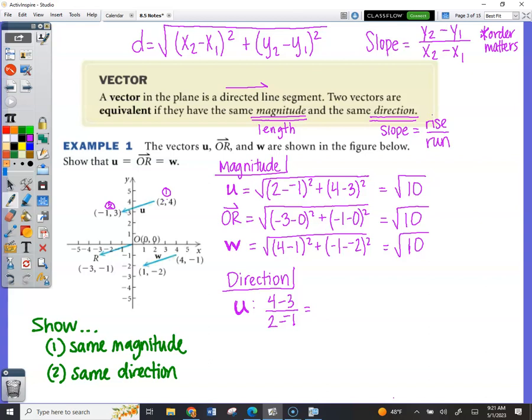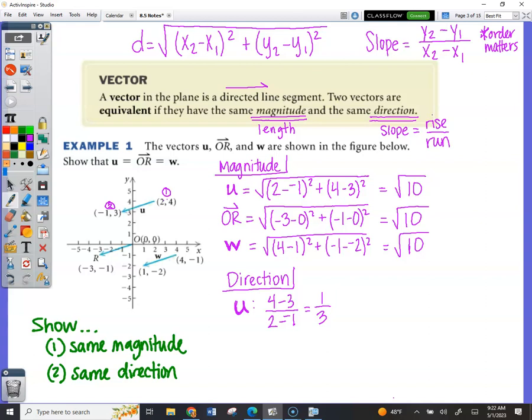Then you can type that in your calculator in fraction form, or you can do it in your head. 4 minus 3 is 1. 2 minus negative 1 means add, so it's 3. So this has a slope of 1/3. Which makes sense, because if you had a grid here, which we don't, we could count rise over run. It rises 1, and then it runs 3 to the right. If you create that grid, you can confirm that with the other vectors.